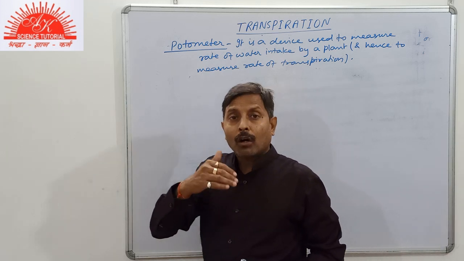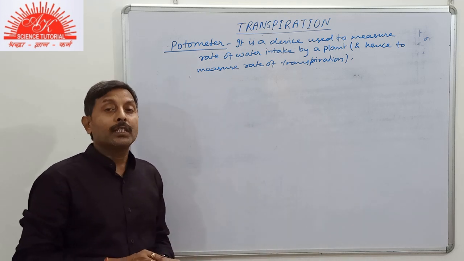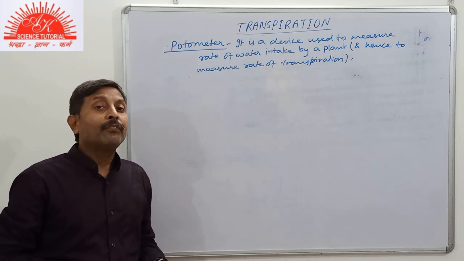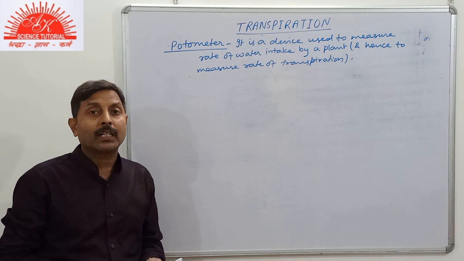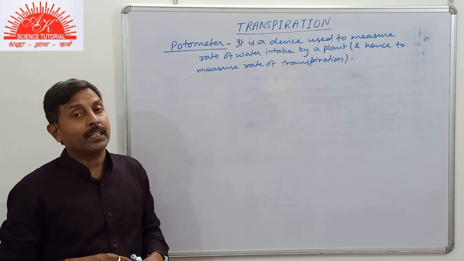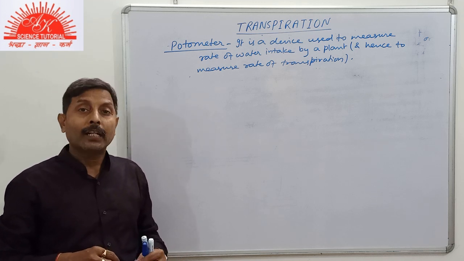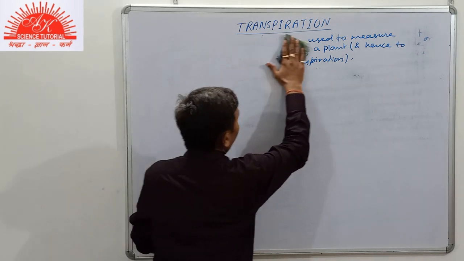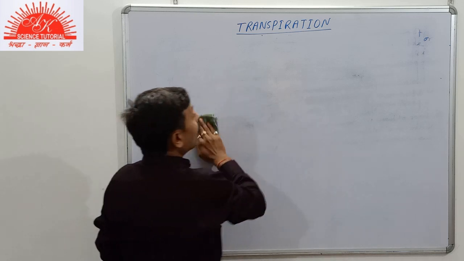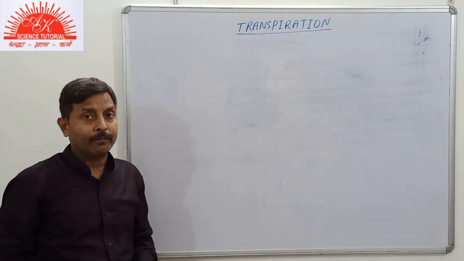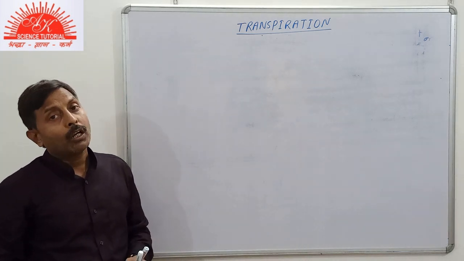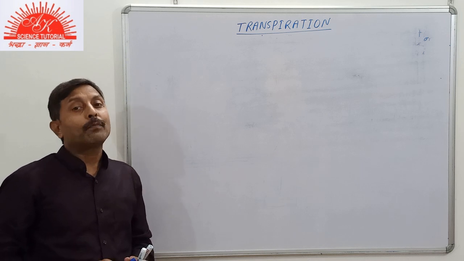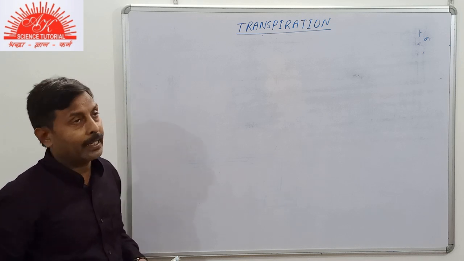Similarly, there is Garreau's potometer, which is used to show the different rates of transpiration on the two surfaces of a dorsiventral leaf, or to show that there are more stomata on the lower surface of a dorsiventral leaf. Clear, students? Now we will study the two types of potometer here in detail.